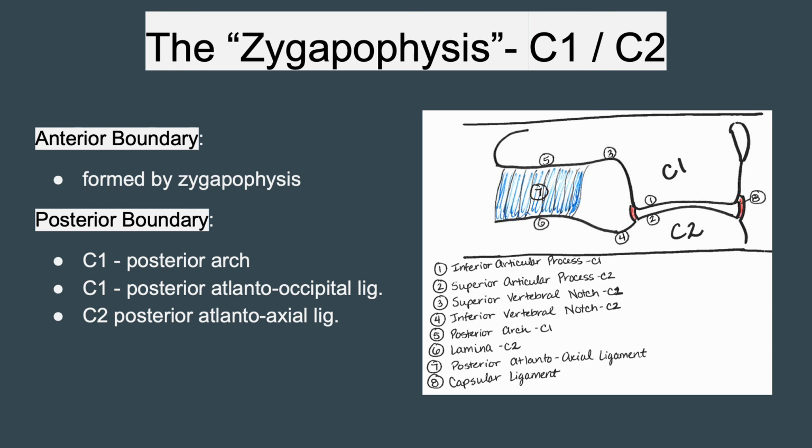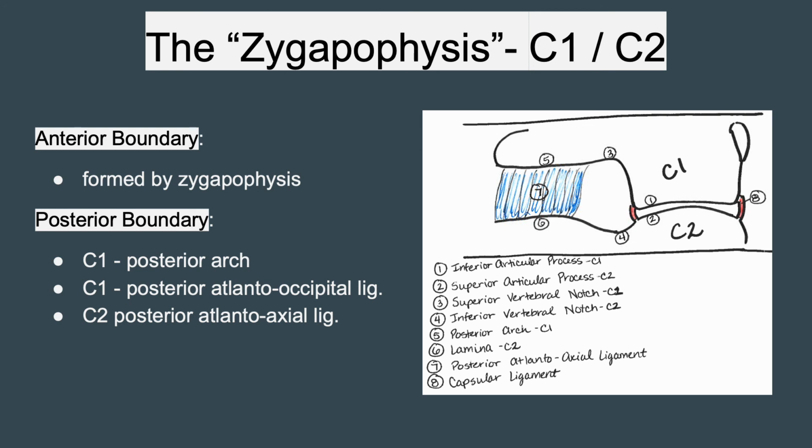On typical vertebrae, the anterior boundary is formed by the vertebral bodies, but we don't have that on C1. The anterior boundary between C1 and C2 is formed by the zygapophyseal joint, the articulation between C1 and C2. That only happens in a couple of places, so you definitely want to know where that occurs.